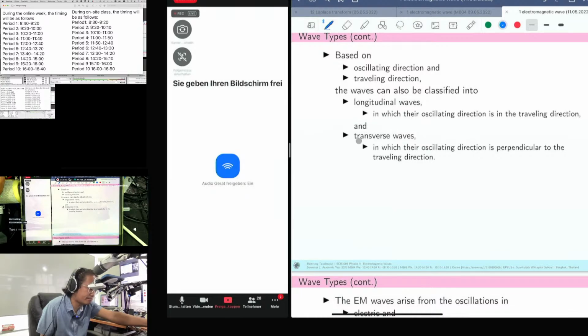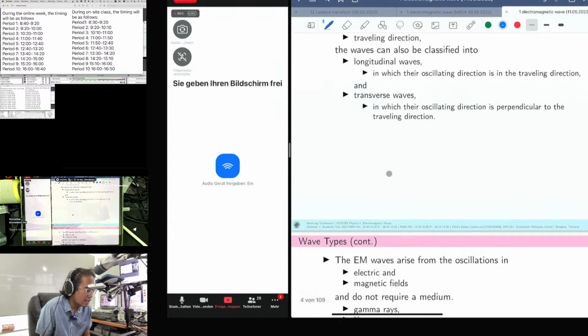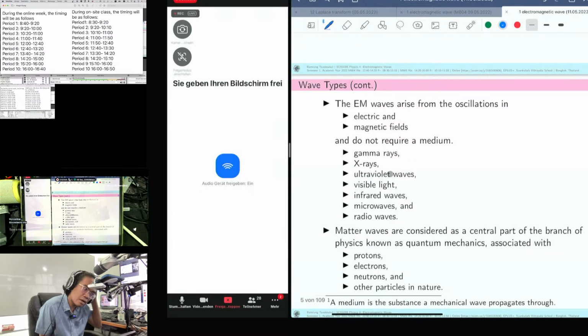The EM wave is classified as a transverse wave, because you'll see later that the electric field and the magnetic field vibrate in the direction perpendicular to the direction of the electromagnetic wave. We'll see it later. Let's go further.